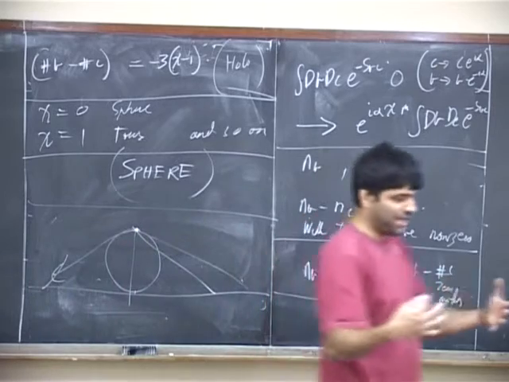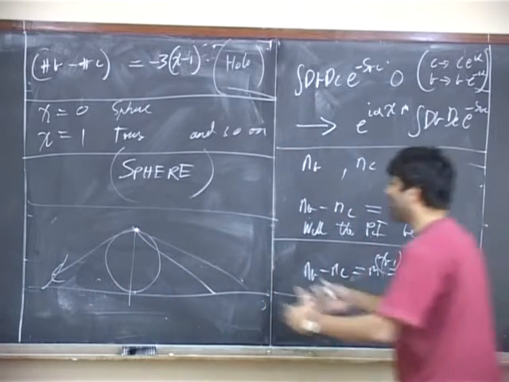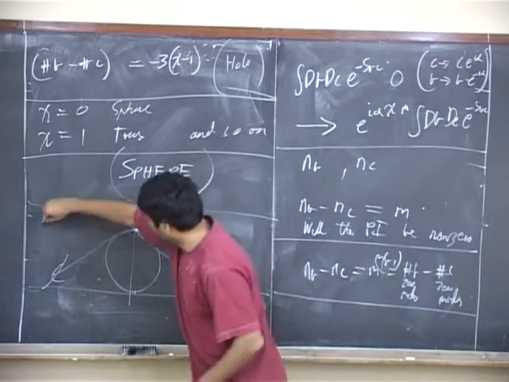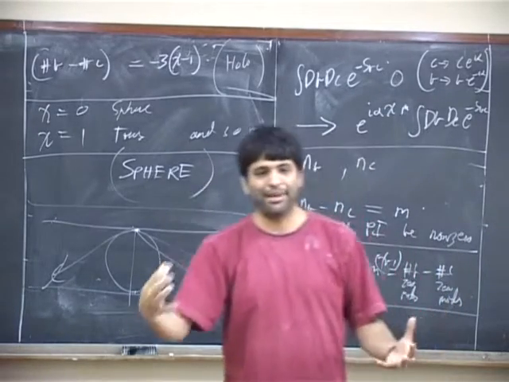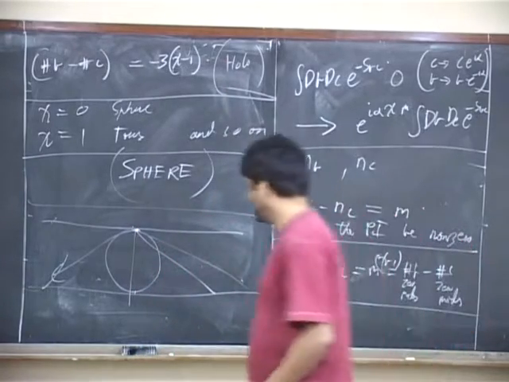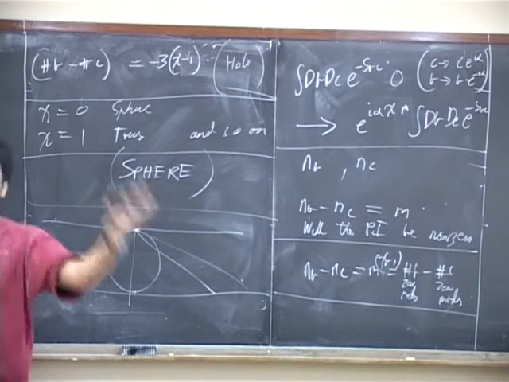So if we want really an honest covering of the sphere, we should do it with two patches. We could have one projective mapping from the North Pole, another projective mapping from the South Pole, and these two patches overlap everywhere except the North and South Pole. Okay, so this gives us an honest cover of the whole sphere.